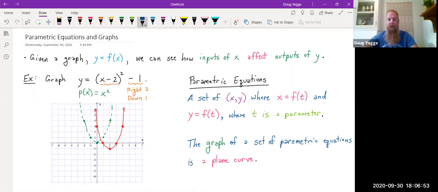And so let's take another look at an example of how we can see a set of parametric equations and graph that parametric equation.